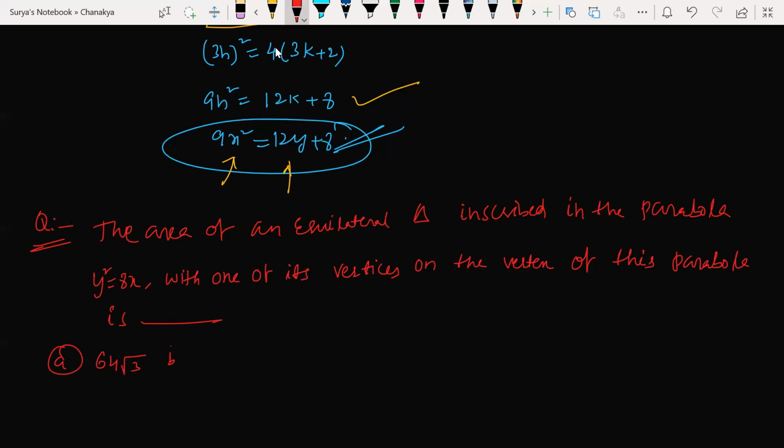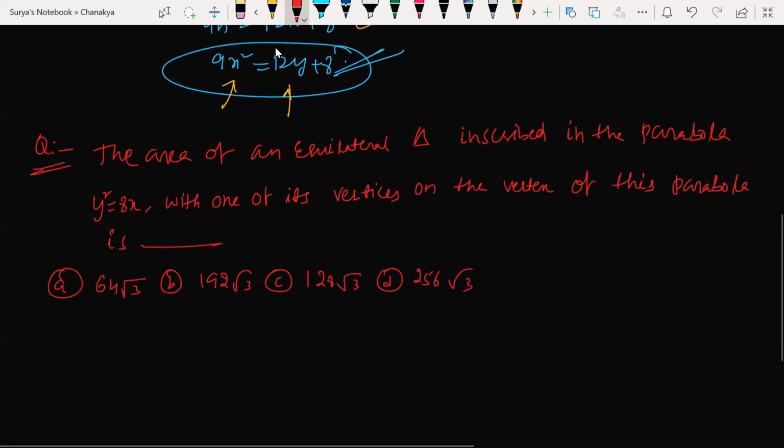Option A, 64 root 3, option B 192 root 3, option C 128 root 3, option D 256 root 3. This is a JEE 2020 question.